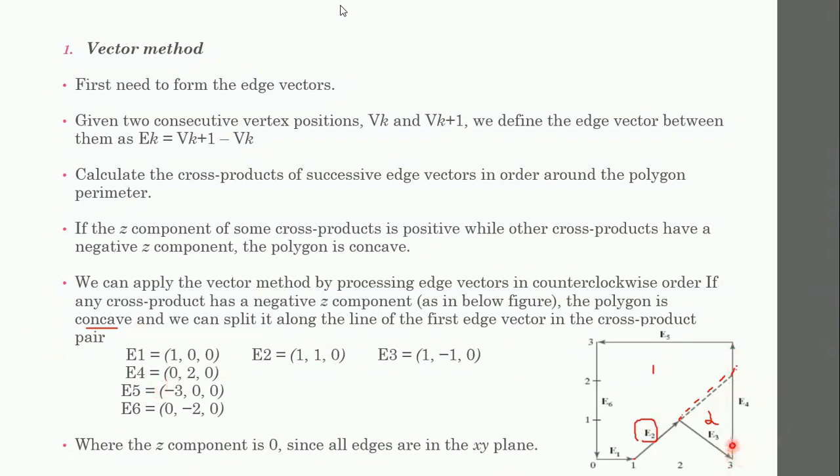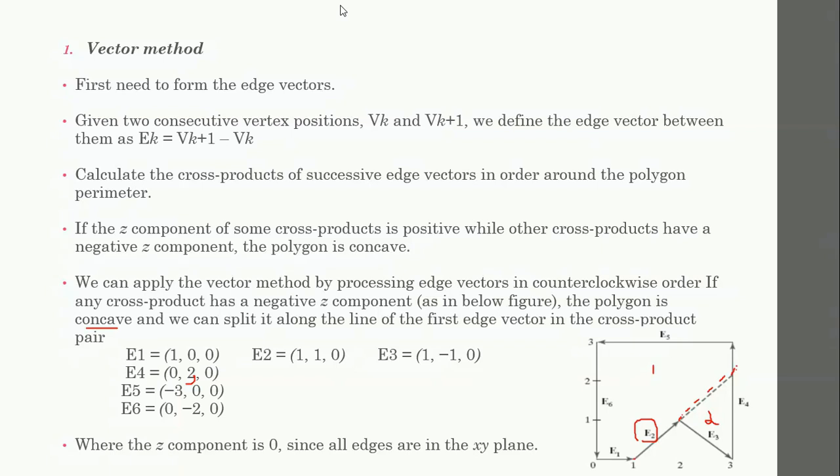But y axis, if you are seeing, it's moving how many units? 1, 2, 3. Okay, so that's why E4 is 0, 3, 0. It's not 2 there, it's 3. Okay, 0, 3, 0.